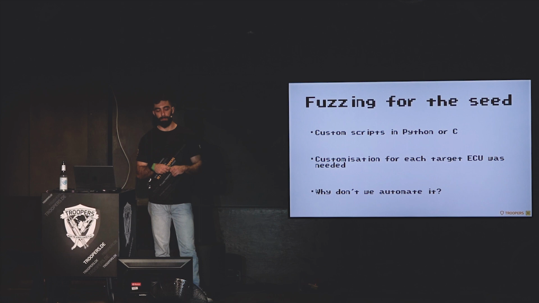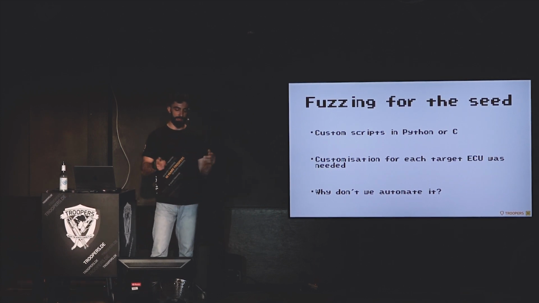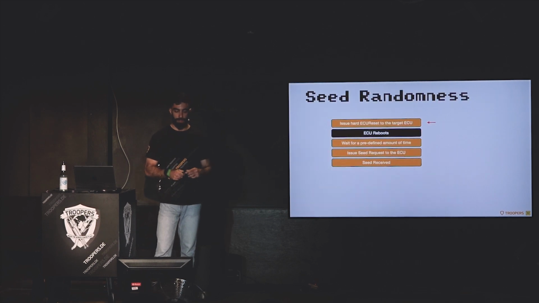We started by developing custom scripts for Python and C. Customization for each target ECU was needed, so it wasn't good that we customized our tools for every ECU, and we needed to automate it somehow to start gathering more data and faster testing during our assessments.